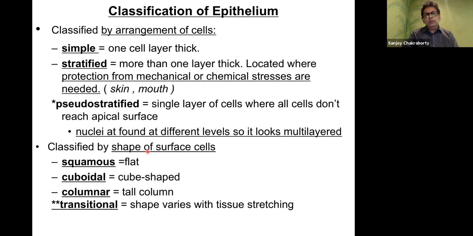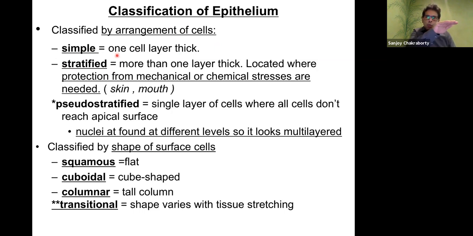Now we are going to learn the classification of epithelial tissue, like how epithelial tissues are classified. They are classified in two ways. One, according to the arrangement of the cells. Two, according to the shape of the cells. According to the arrangement, there are two types, simple and stratified.